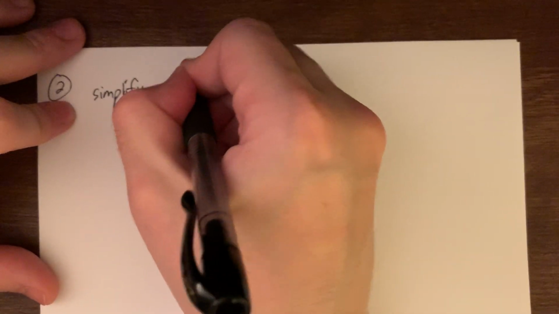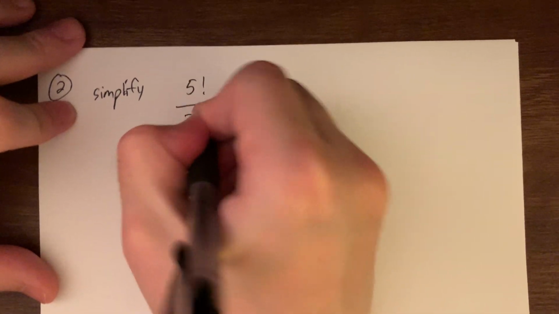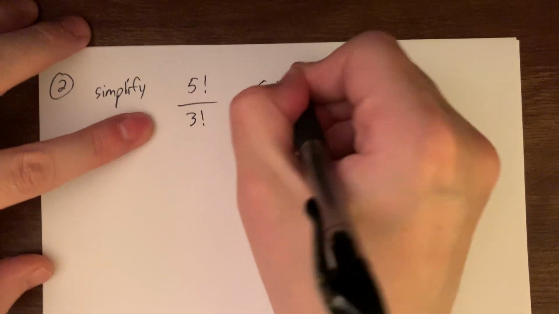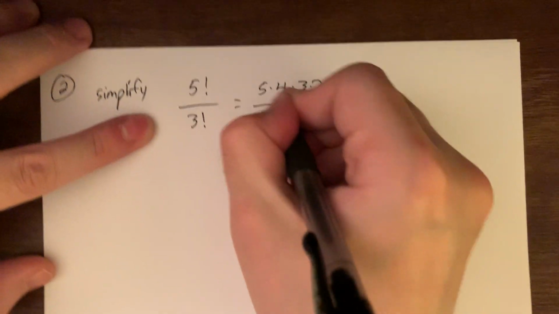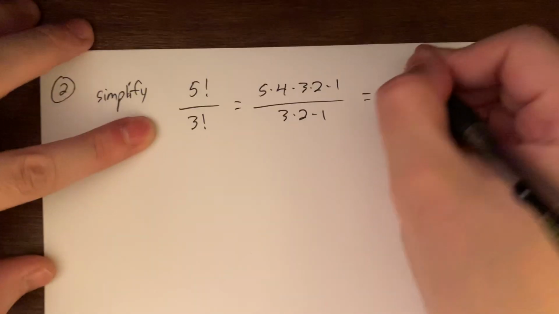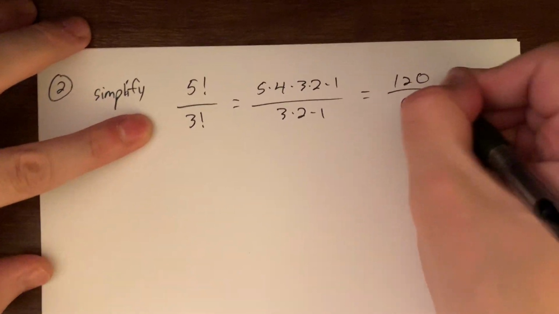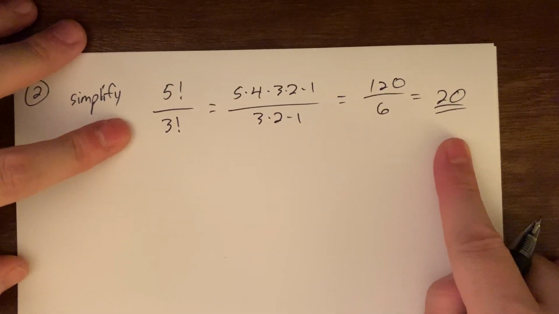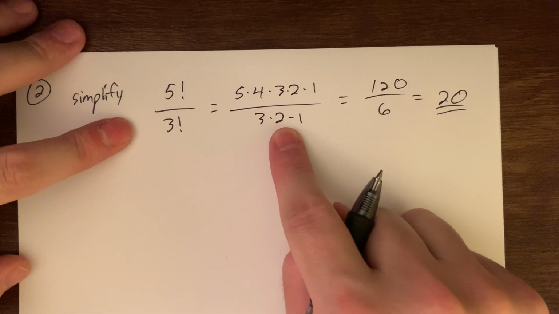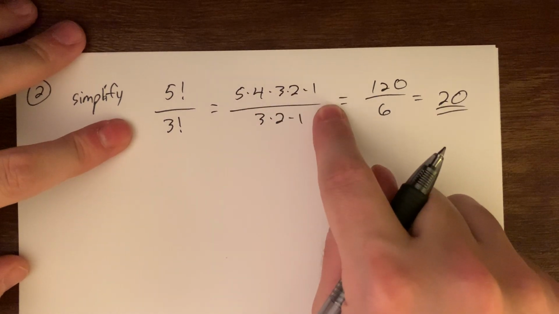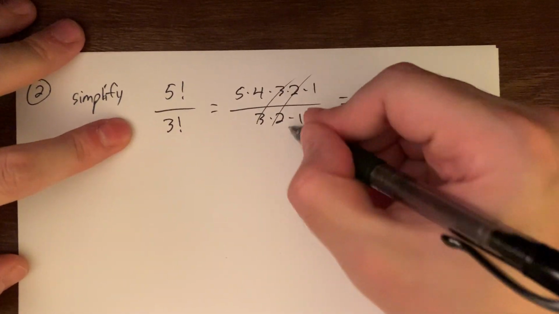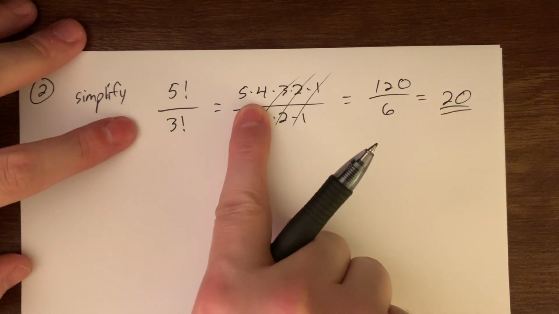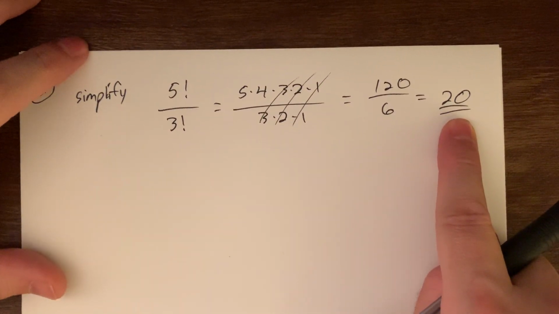If I wanted 5 factorial divided by 3 factorial, well, we can do all the work for each one and literally get 120 divided by 6 to get a final answer of 20. But if we just get to here, we could realize, hey, this is all multiplication and lots of stuff cancels. So all that's really left here was 5 times 4, a quicker way to get 20.